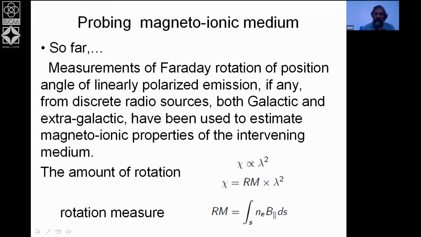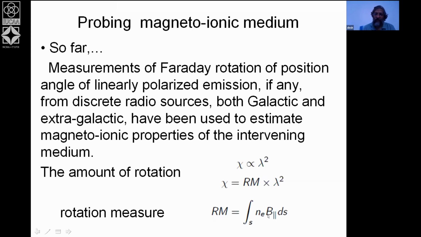by this proportionality constant. Now, instead of only the dispersion measure, which was the column density of electrons, NE ds, you also have a weighted component of the magnetic field, weighted by the electron density, integrated over the entire path length.